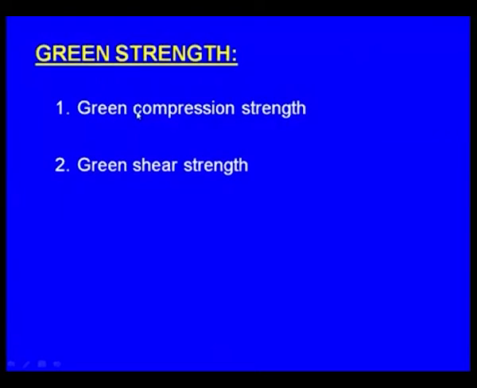Beyond 2 minutes, even if we mull it further, there may not be a considerable increase in the green strength. That is what we can learn from this graph. And the green strength, we can measure it in two ways. One is the green compression strength and the second one is the green shear strength.